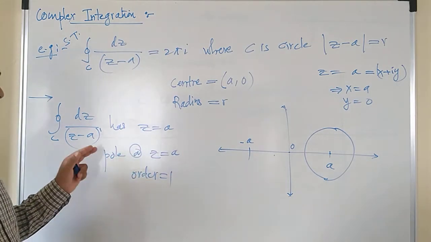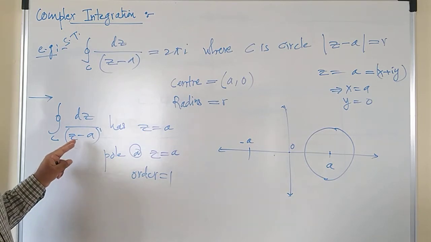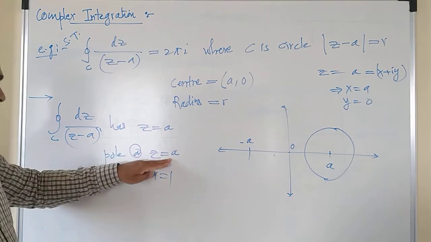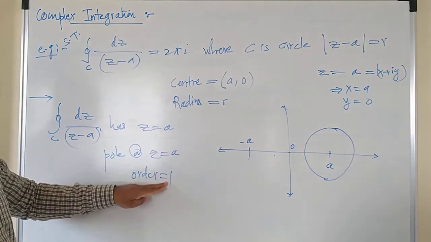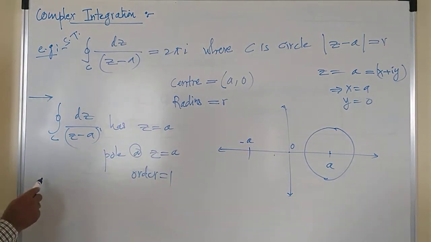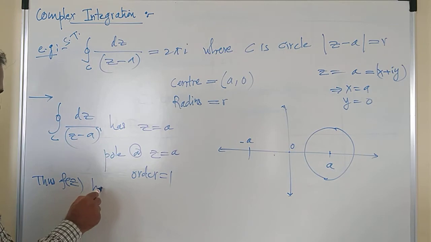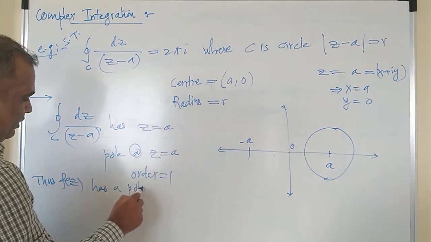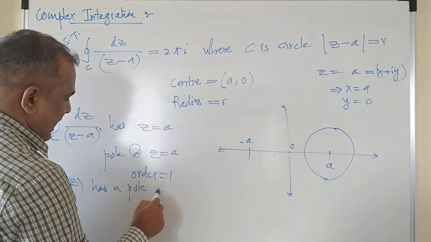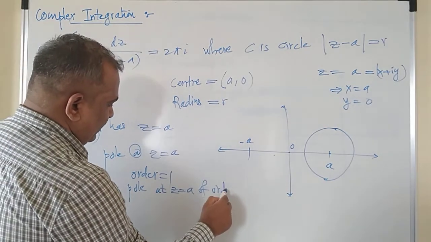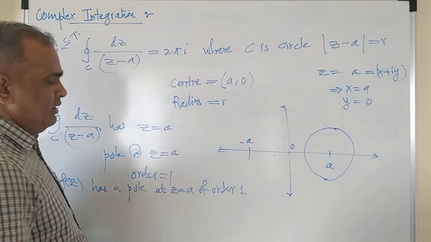And in the simple language I can say the complex function f of z has a pole at a of order 1, right? I'll write here. Thus the given complex function f of z has a pole at z is equals to a of order 1.